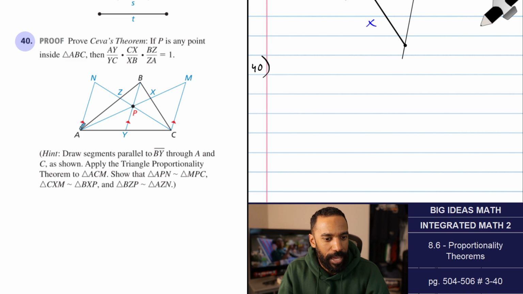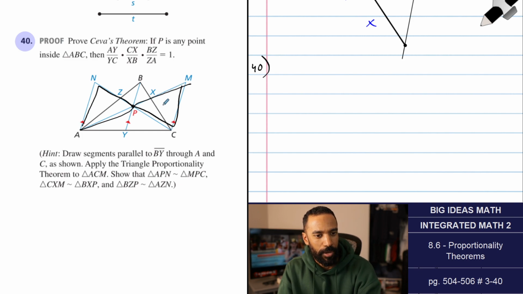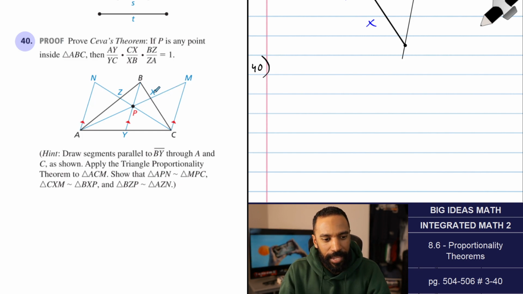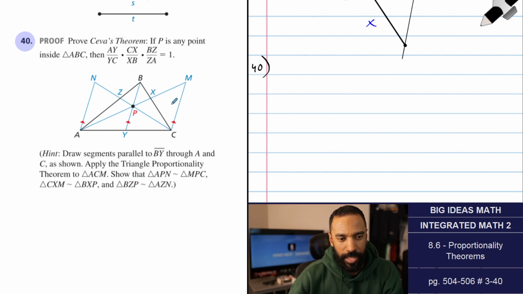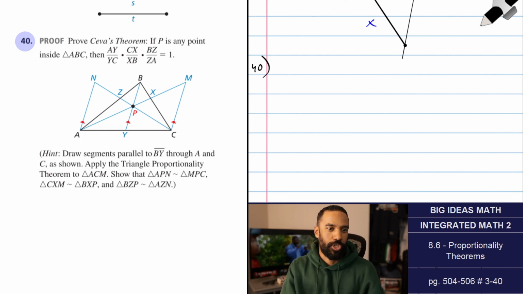Show that triangle APN, where's N, is similar to triangle MPC, CXM, where's X? Oh, geez. CXM is similar to BXP. Okay, well, we'll do this in time. And BZP is similar to AZN. Okay, so that's a lot. So let's work off that drawing and see what we can do.